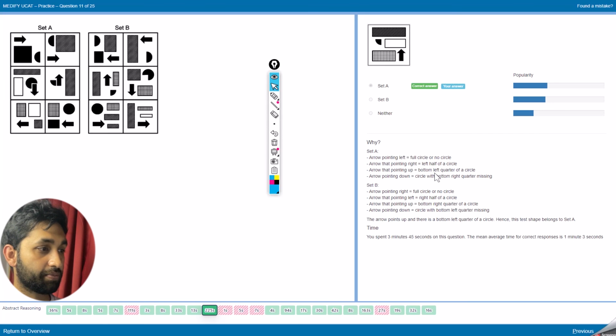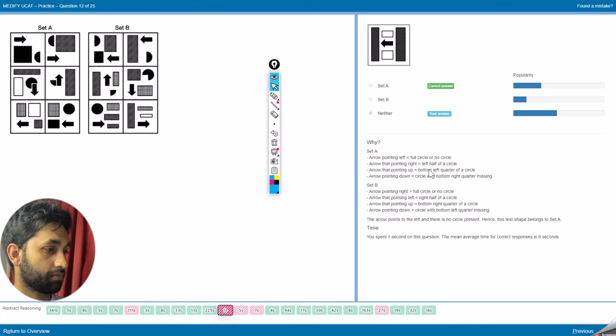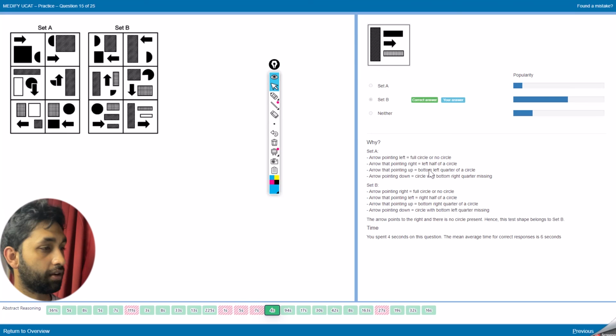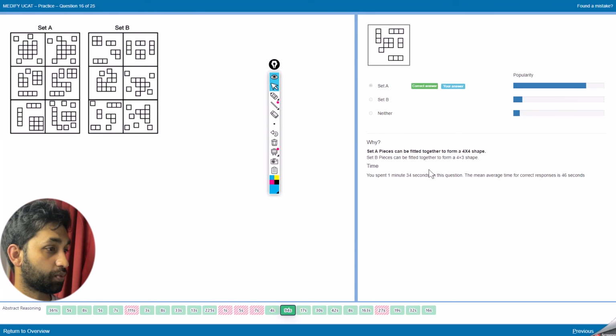Arrow that's pointing up. Yep. Okay, yeah, it's fine. Yep, okay, that's fine. Yeah, I guessed these three. And then, okay, that's fine. Okay, for this one, I was right again about the 4x4 and the 3x4.